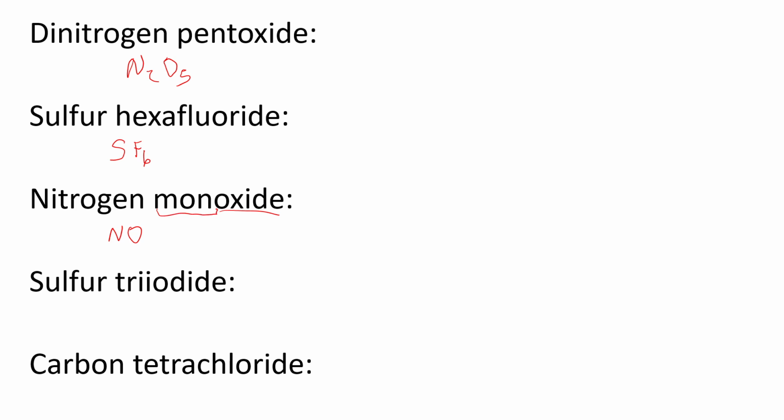Remember, mono only gets used in the second element, never the first. 2 through 10 get used in both the first and the second naming. All right, sulfur has a 1 because there's no prefix. Triiodide. Tri is 3, and iodide is an I.